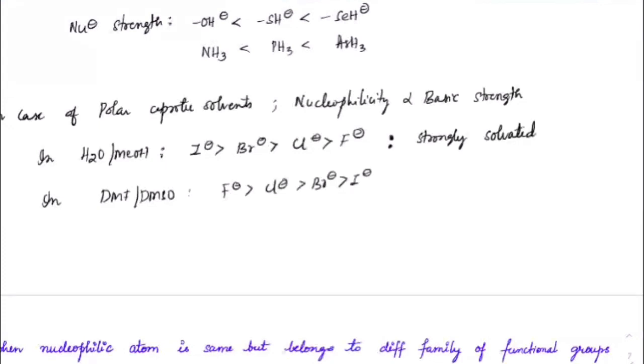So smaller size, more solvation. But in this case, none of them are solvated, but the bond strength that it forms, that is the C-X bond strength, the one which has more bond strength will act like a better nucleophile. So in this case, carbon and fluorine will make a stronger bond, so that would act like a better nucleophile.